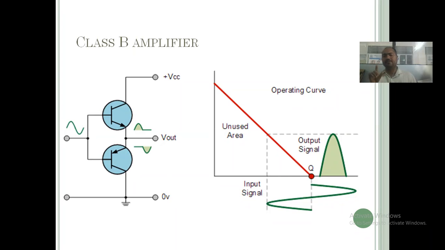Cutoff indicates that, whether silicon or germanium, some voltage is required to turn it on. If the device is constructed from silicon, it requires 0.7 volt to turn on. So up to that 0.7 volt, during positive change, it should not work.